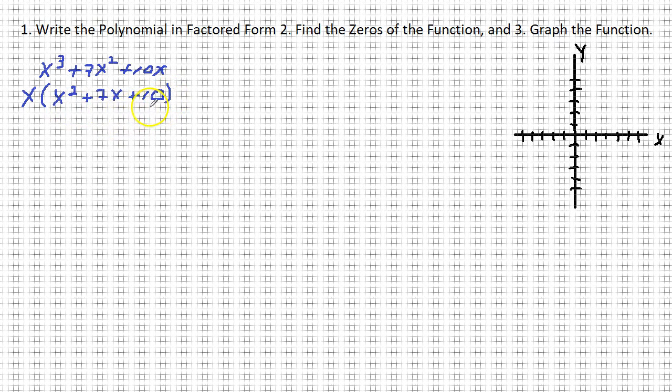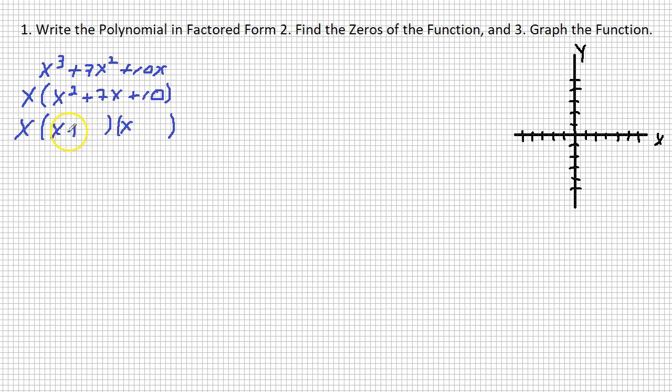Now, if I look at the quadratic that's left over, this is still factorable. So I'm going to bring down my x, and we're going to make two sets of parentheses. I'm going to have an x and an x. And numbers that multiply to give you a positive 10, but when you add them together you get a 7.